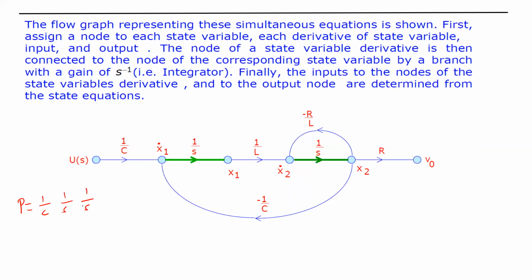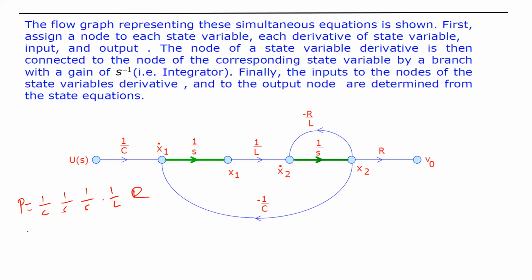That is 1 over S, 1 over L, and R, isn't it? 1 over C, 1 over S, 1 over L, 1 over S, R. Oh yes, correct. How many loops do I have?